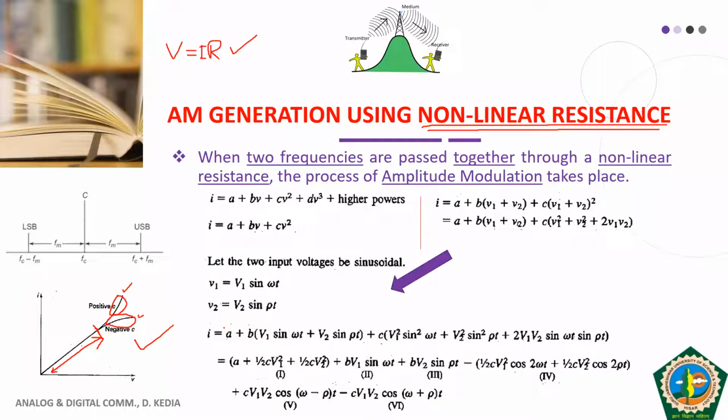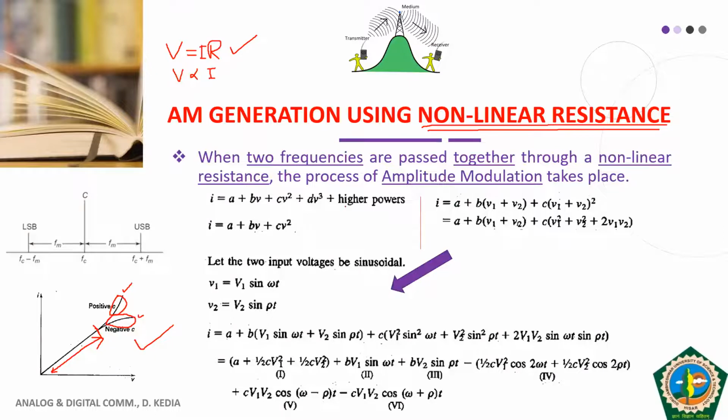When we call a system a linear system, the two quantities are proportional to each other, the way we have in Ohm's law, that is, voltage is proportional to the current. If they are not directly proportional, then we call that some non-linearity has come into the picture.